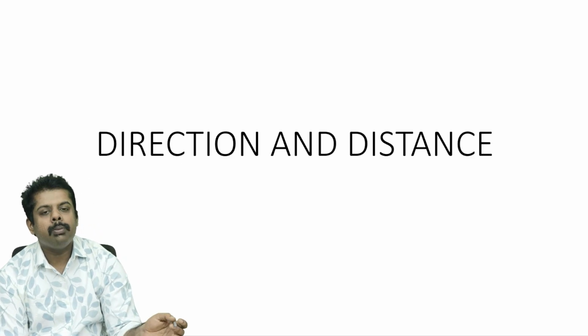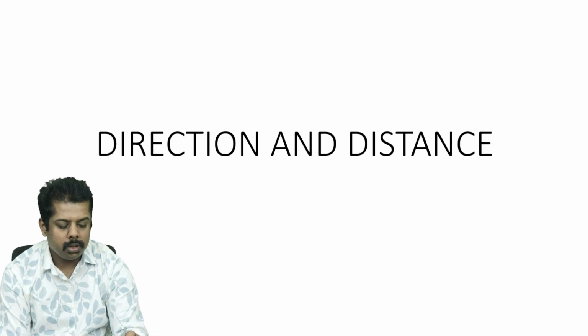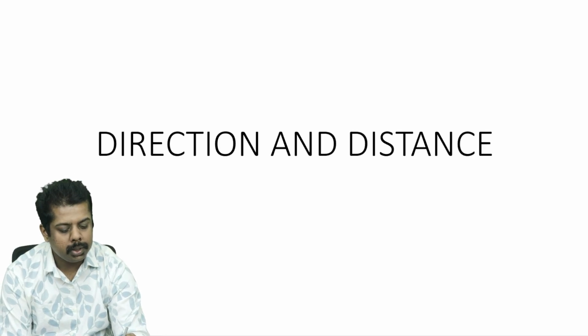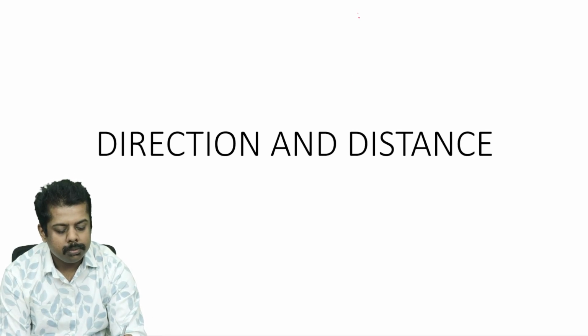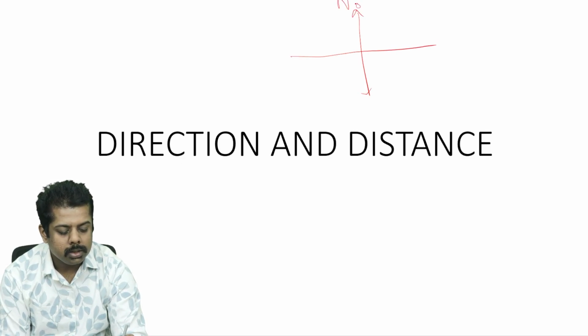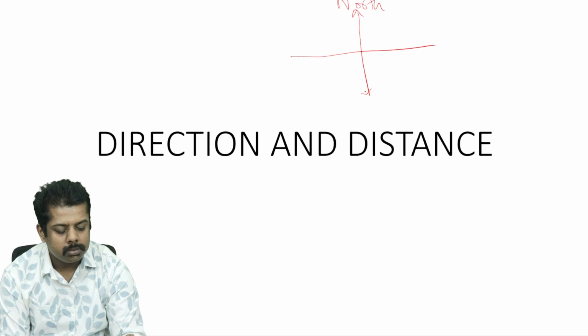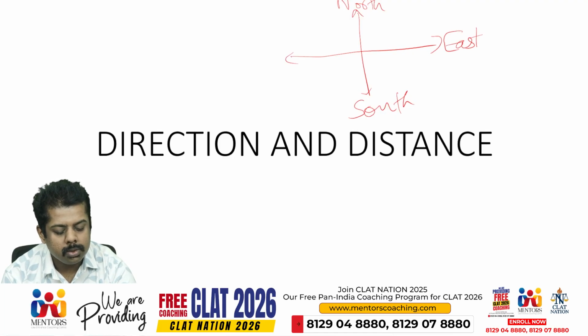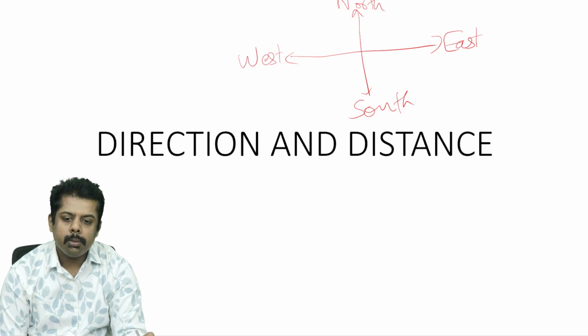As we know, the basic directions are right and left. Discussing that, this is north, this is south, east is towards this direction, and west is towards this direction. But these are the basic directions.